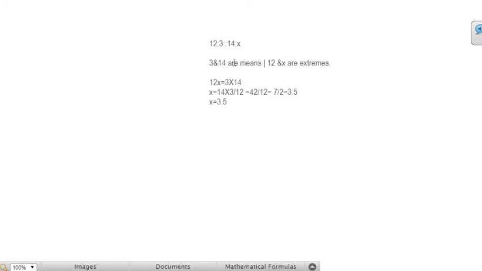So with the simple formula of product of extremes is equal to product of means, we were able to find x, which is 3.5.